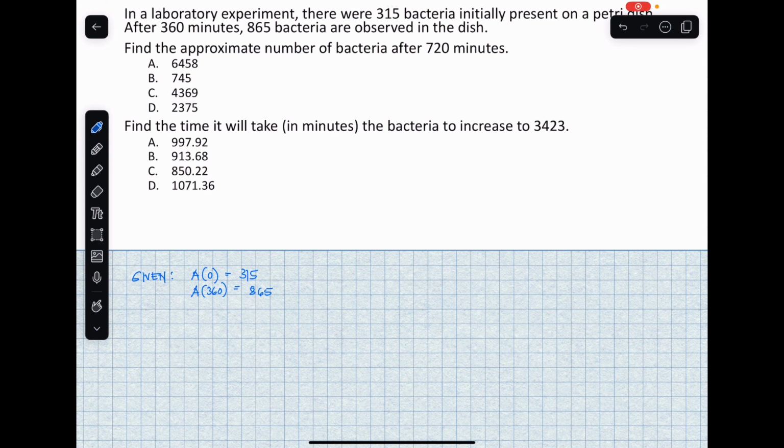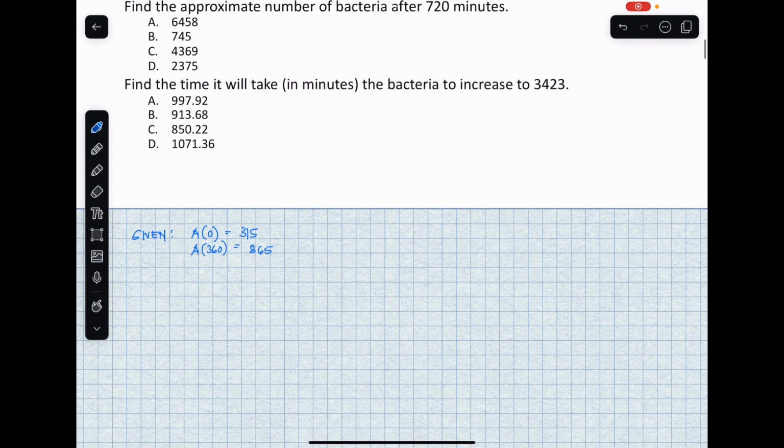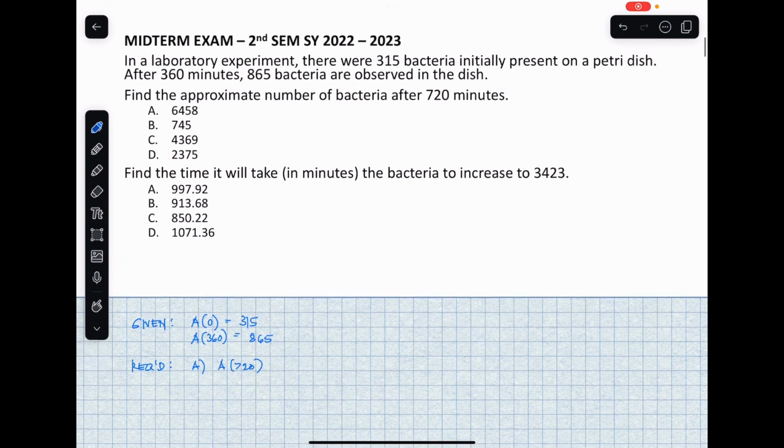A here would be the number of bacteria. Then find the approximate number of bacteria after 720 minutes. So for our requirement, we find the number of bacteria after 720 minutes.